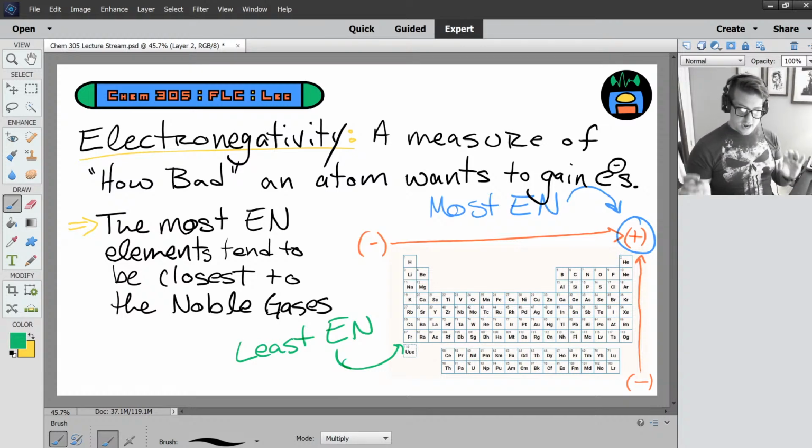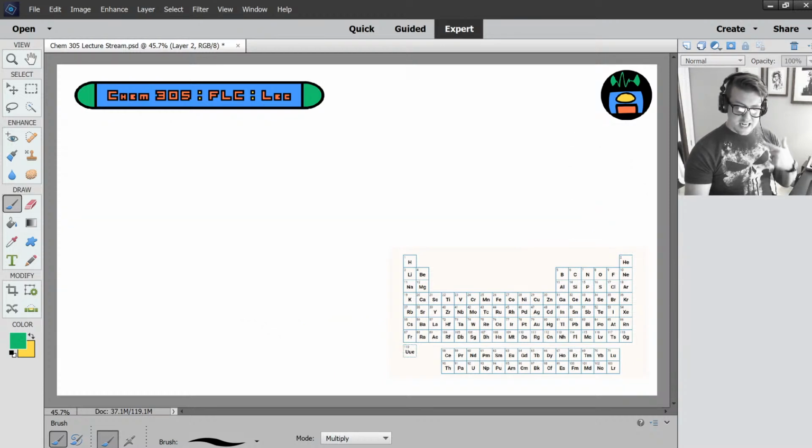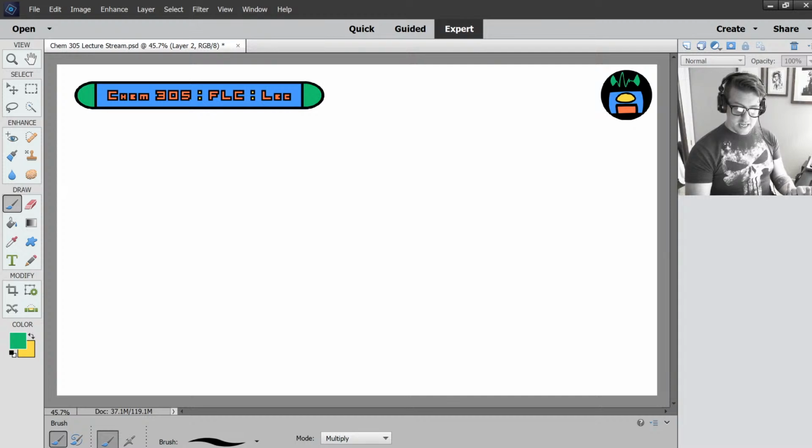Now, the reason why all of this is important is that it is the difference in electronegativity between two elements that determines whether a bond is covalent or ionic. Let me say that again.